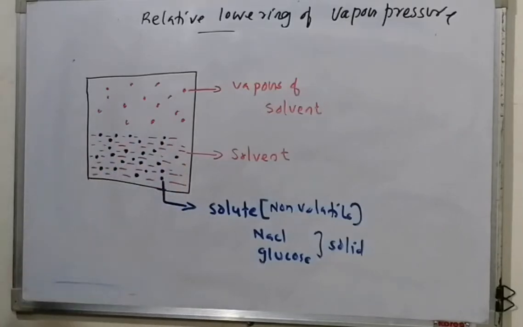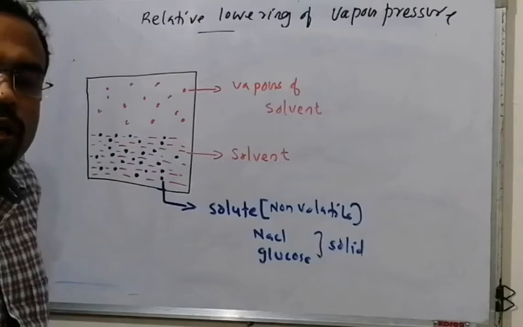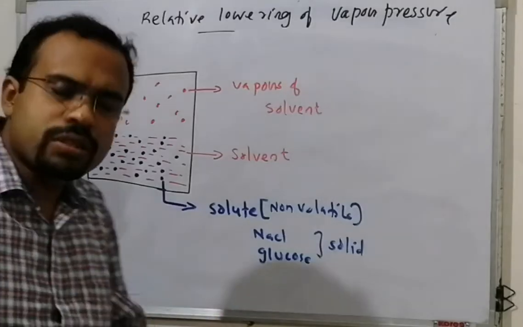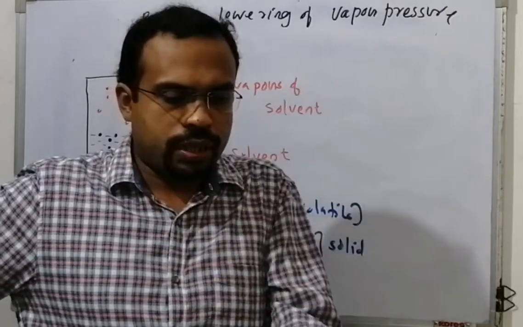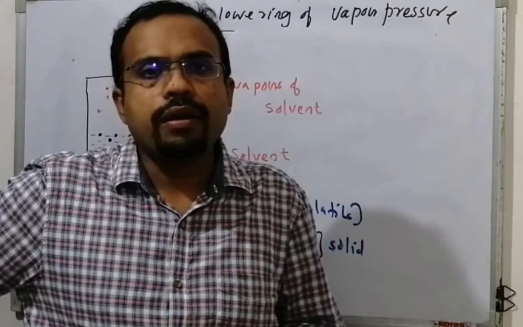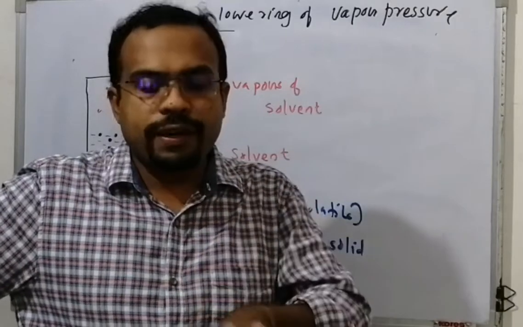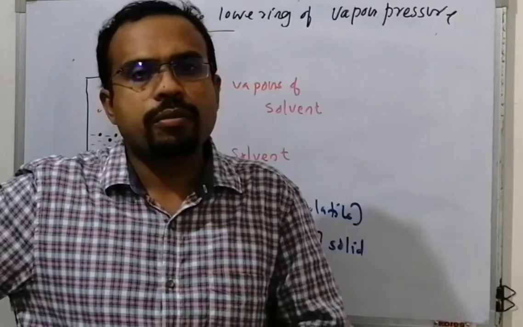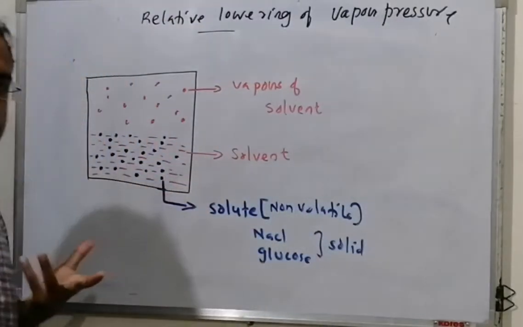Solute will not be in the vapor phase because solute is solid or non-volatile. Example is salt solution. You take the salt solution and keep it in a bottle. Suppose if it is an open bottle, the water will evaporate, and finally you will get the salt there, because salt will not be vaporized. Imagine such a case.